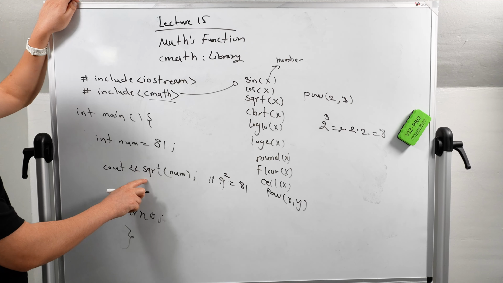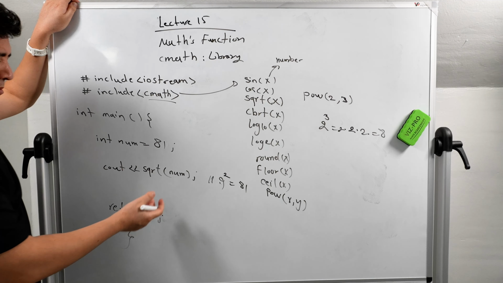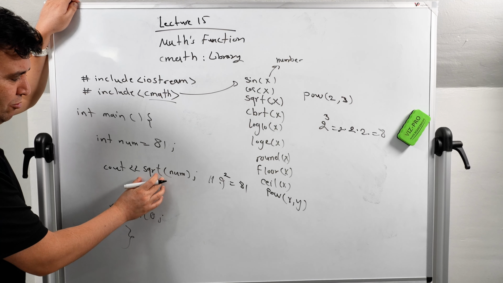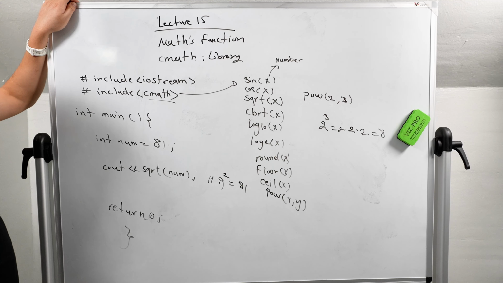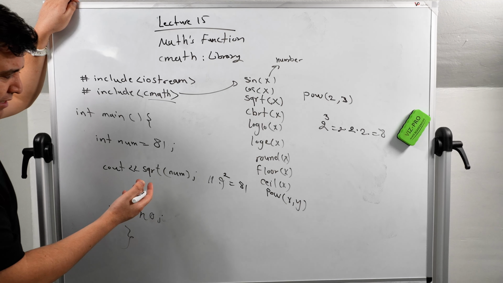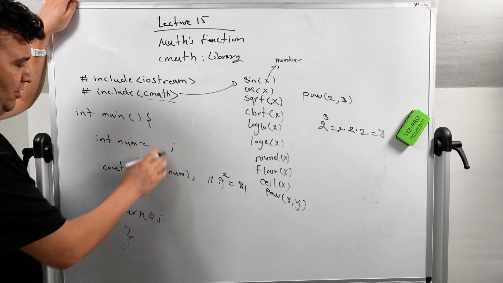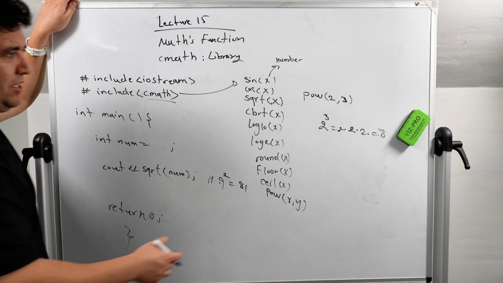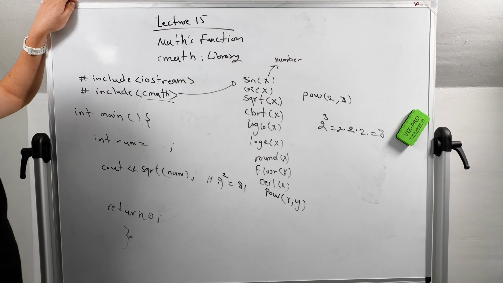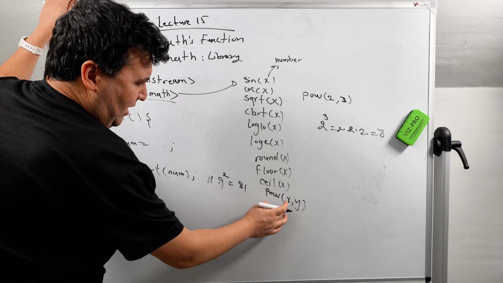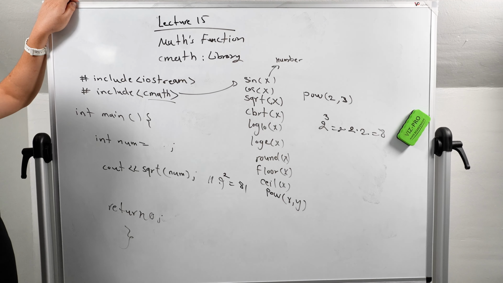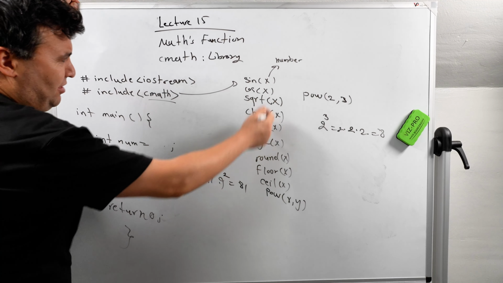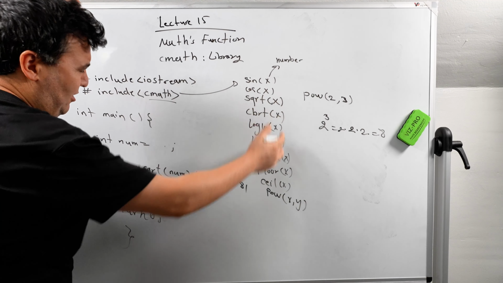So this function is used to calculate the square root of a number. Or you can perform other mathematical operations, like using the pow function to raise x to the power of y. The same way, we can use all of these functions inside our program.